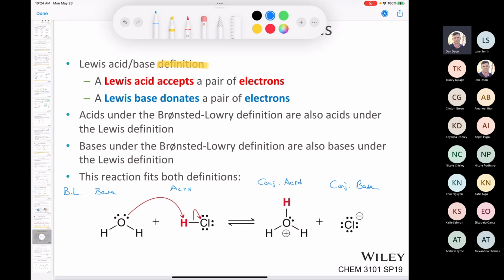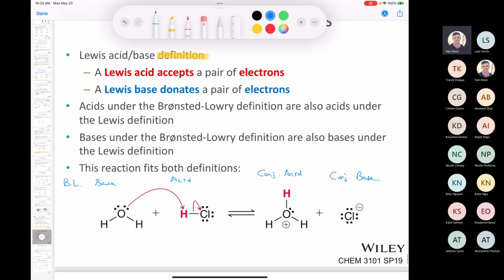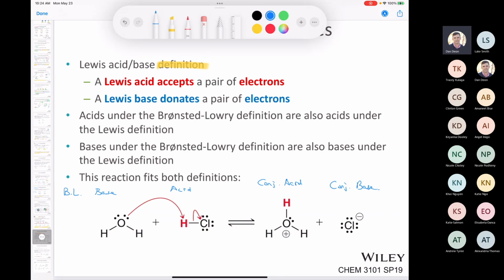Well, let's take a look at it from the point of view of Lewis. You can see that the acid is accepting a pair of electrons from the oxygen on the water, and so this is an electron acceptor. Therefore, it is a Lewis acid. I think it's even more clear that the water is donating the pair of electrons.